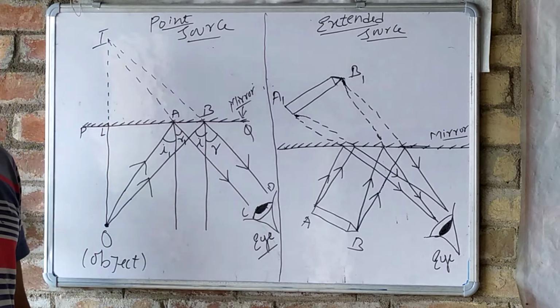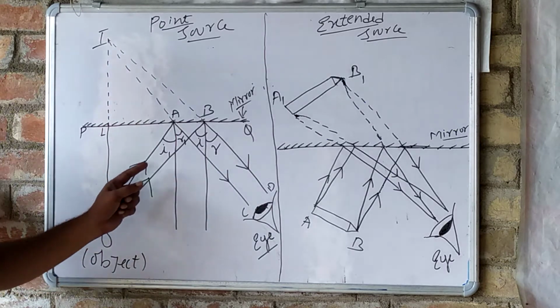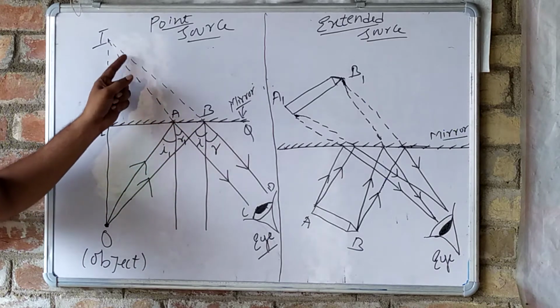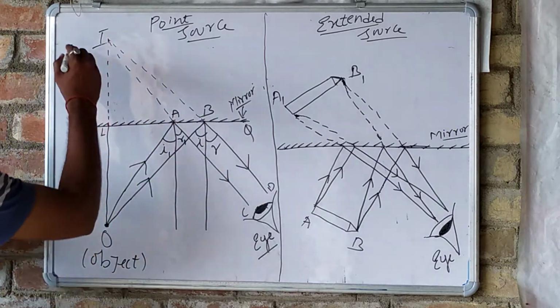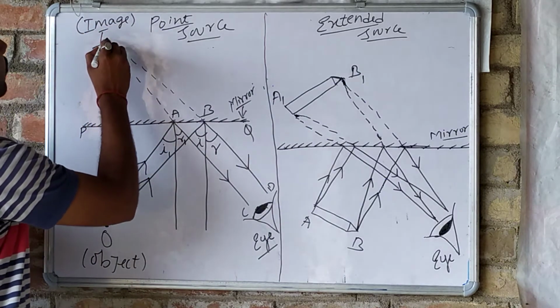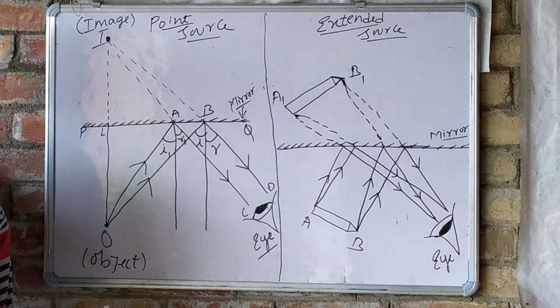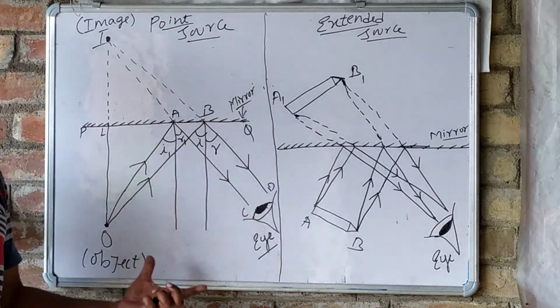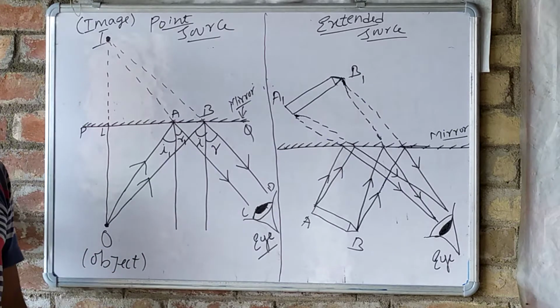He will feel that the rays of light from the point source are coming from here, and I is the image of that point source. So this diagram explains the point source.